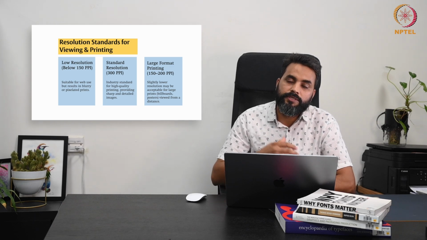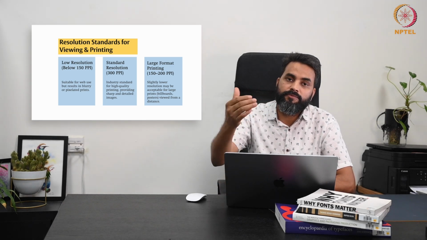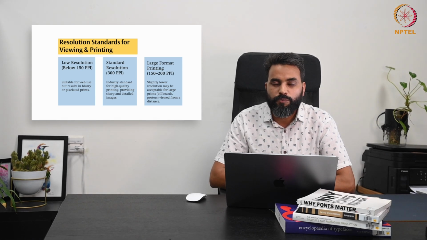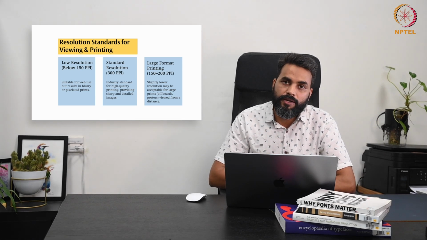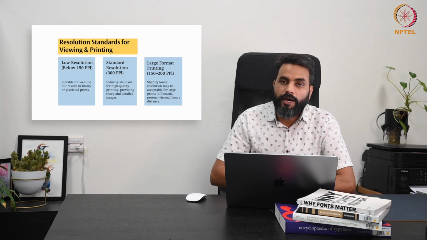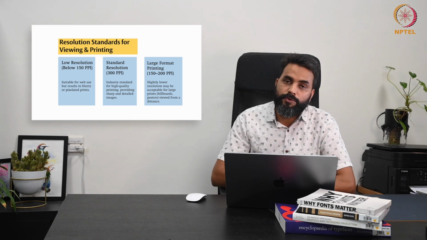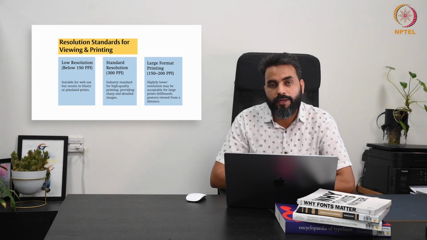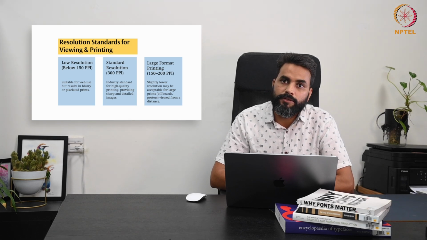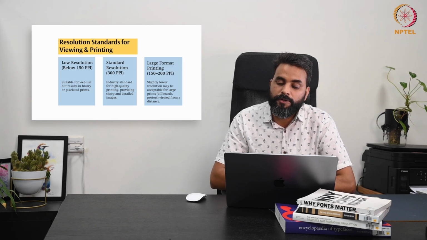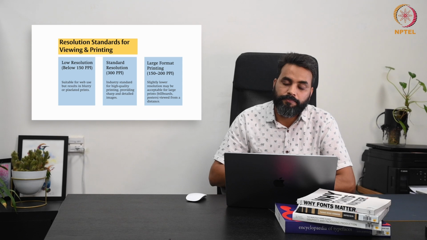Basically we are seeing the content from far, and if there is some blurriness or small pixelation, most probably it will blur from afar and you will see the clear image. It also results in lesser use of ink. So from the economic perspective as well, having an image lower than 300 ppi for larger format printing is the best option.